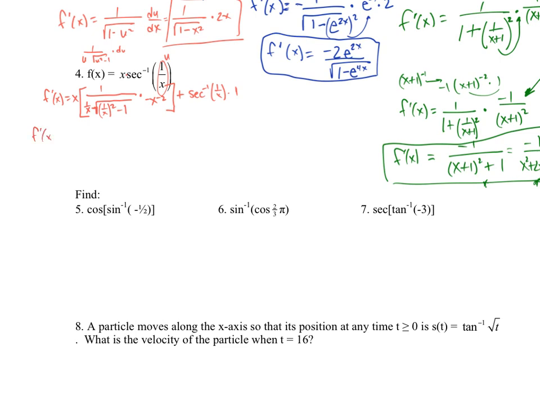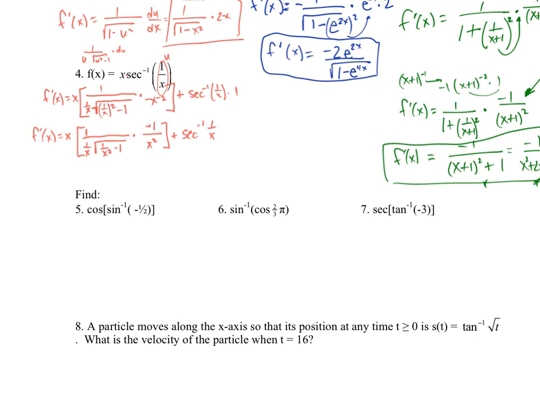So f prime of x will be this x, and what I'm going to do is I'm just going to rewrite this part over here. So this is going to be 1 over this 1 over x root, and I'll go ahead and put this as 1 over x squared minus 1 times the negative 1 over this x squared plus this inverse secant of 1 over x.